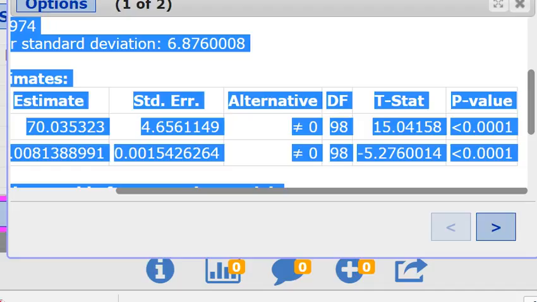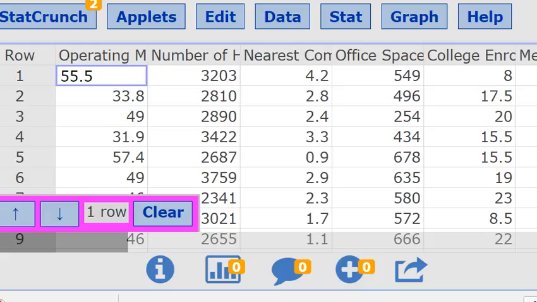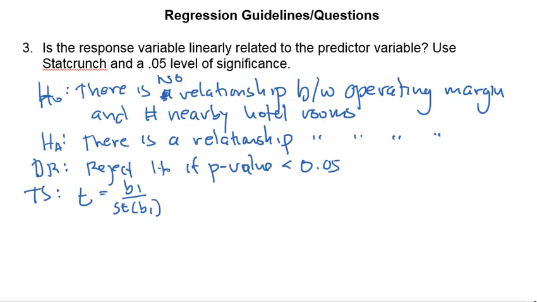It says there really is something going on with the slope. There's a slope that exists, if you will. All right, so let me get out of there and go back to my PowerPoint.